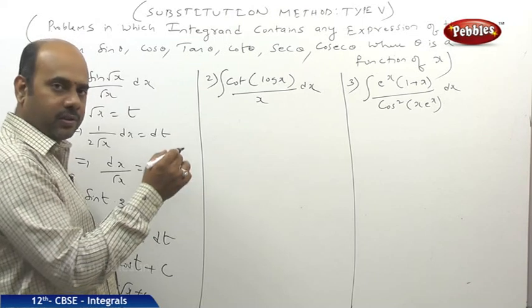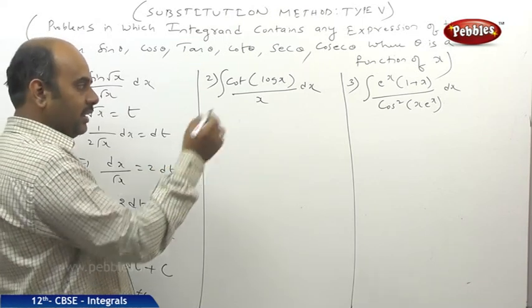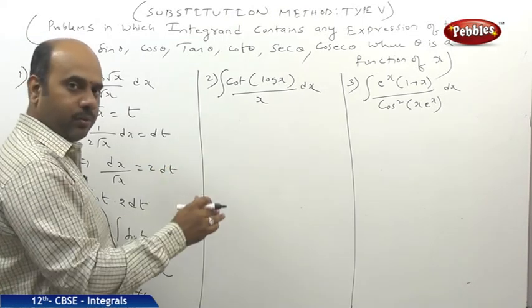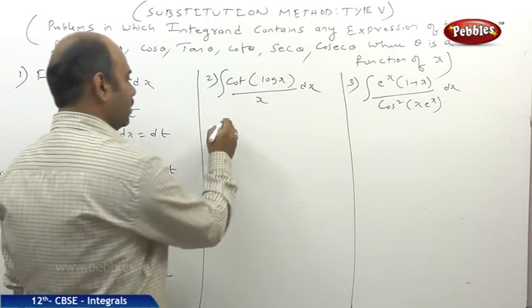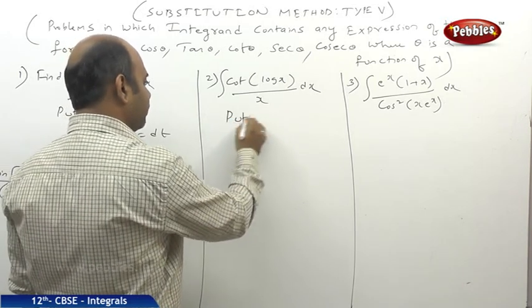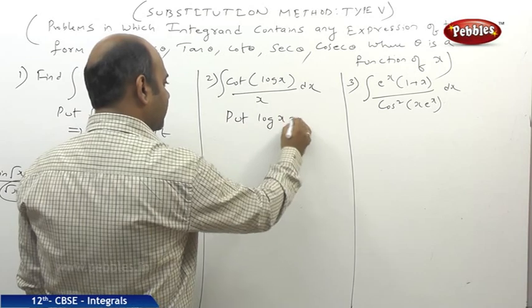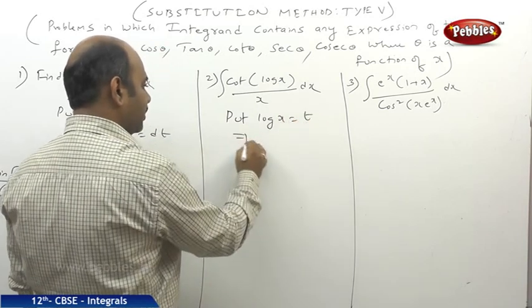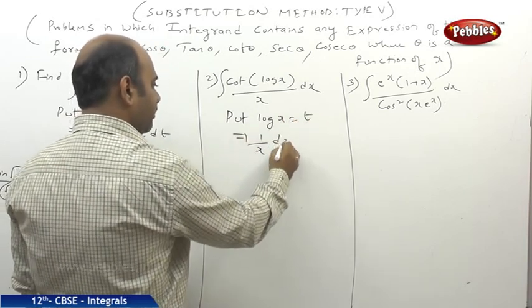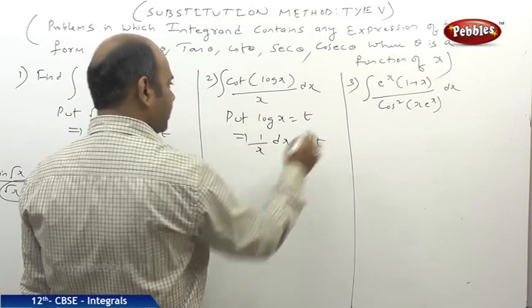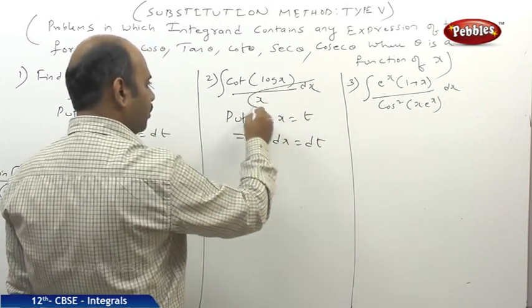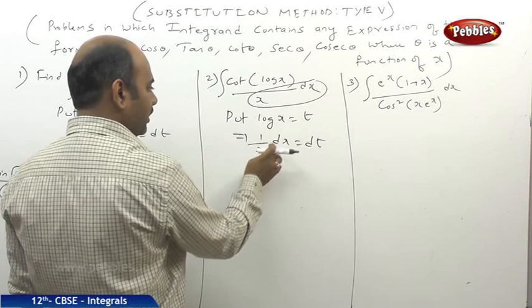So our function will turn in terms of t by putting log x is equal to t. So put log x is equal to t, and this becomes 1 by x dx as dt, so this whole thing turns into dt.